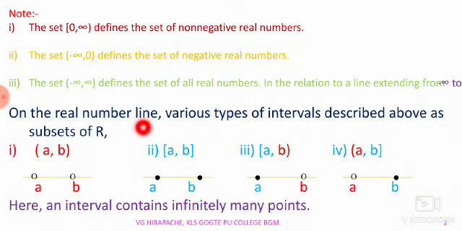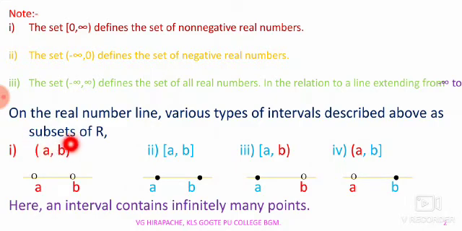On the real number line, various types of intervals are described above as subsets of R. Now, the first subset of the set of real numbers is an open interval a comma b. This interval we can represent on the number line.